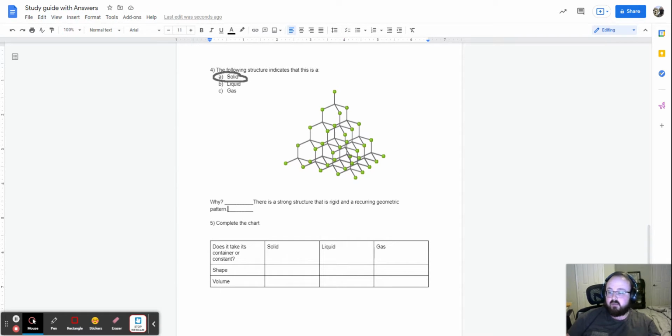If this was a liquid, you would not have this structure. In this case, this is not a compound. I'm going to get a different picture of them just to show you.